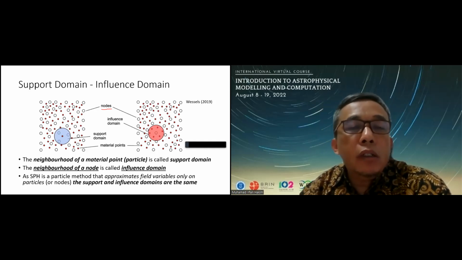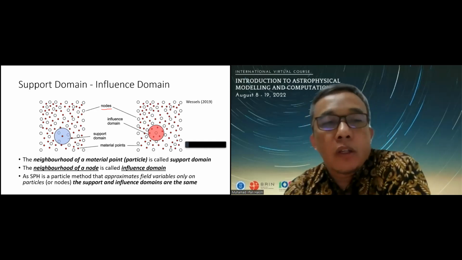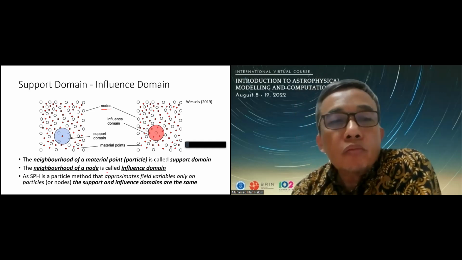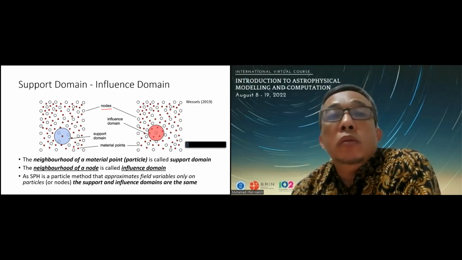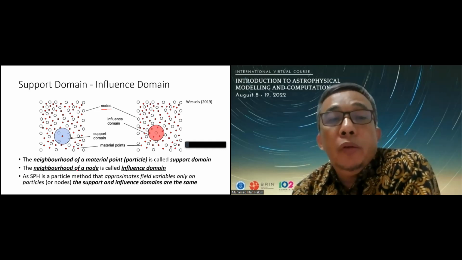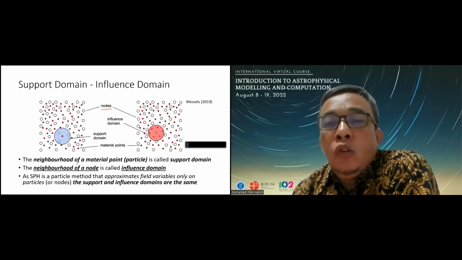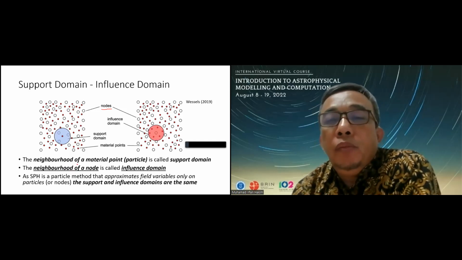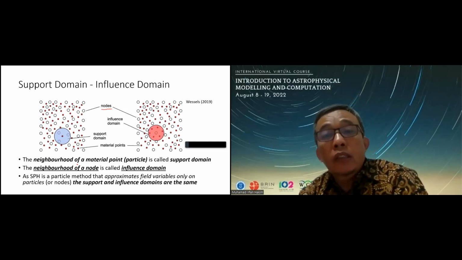For an SPH method, support domain is equal to influence domain. For short, support domain means the neighborhood of a material point, a particle.